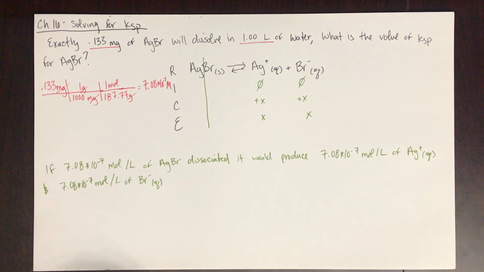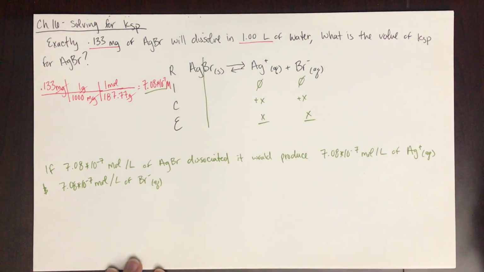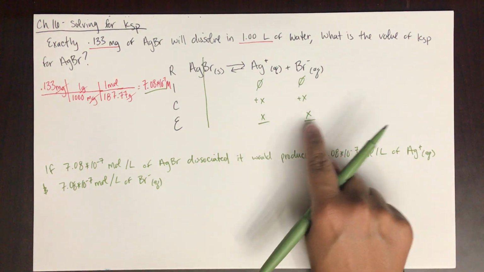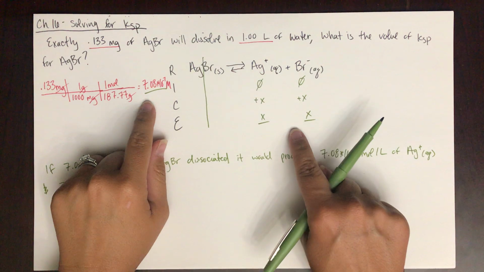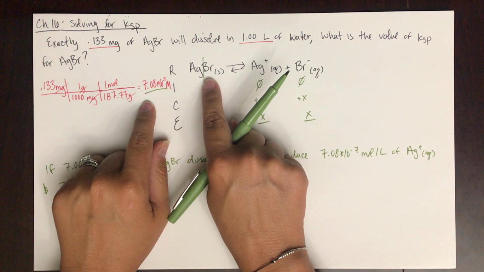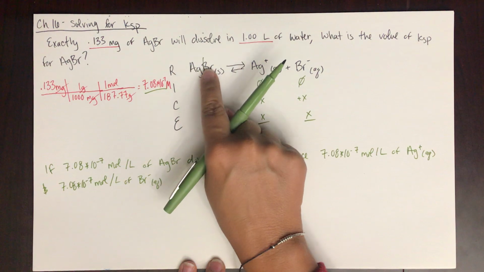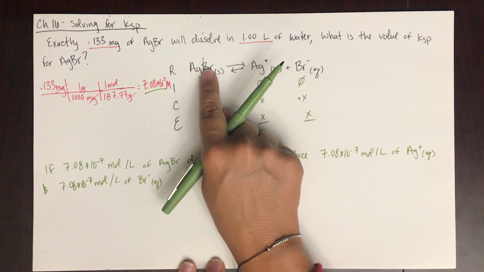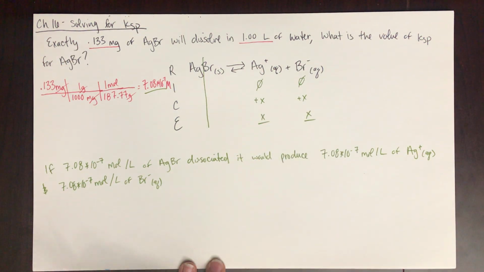So essentially this molar solubility is X. It's the amount that's going to ionize. Something important to pay attention to here is these are the same number because this is a 1-to-1 ratio. So if 7.08 times 10 to the negative 7th molar silver bromide ionized, that's how much of each of these ions was produced.